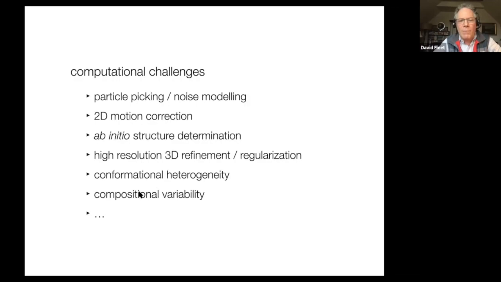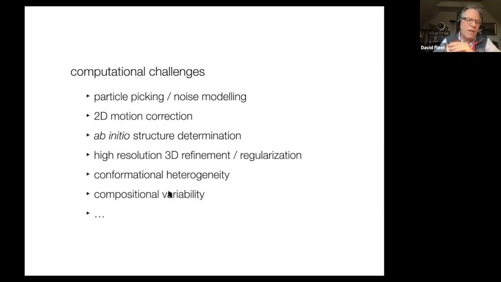You also get compositional variability, so that some of the particles will have a piece missing in some of the images. And you'll get other structure in, like, some regions of the particles will be quite rigid, and other regions of the particle will be quite non-rigid or unstructured.